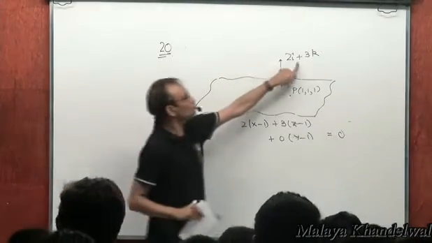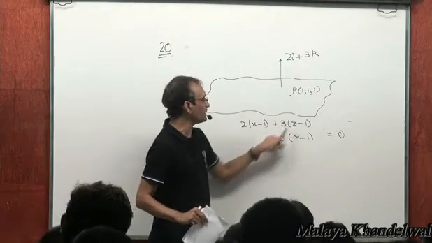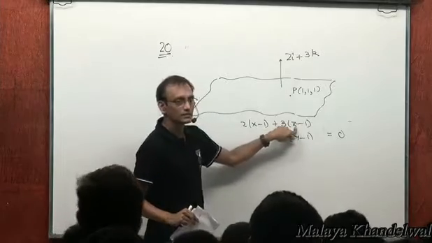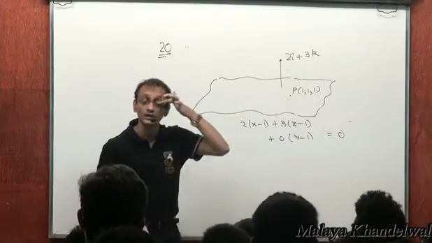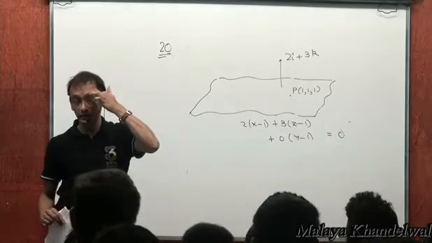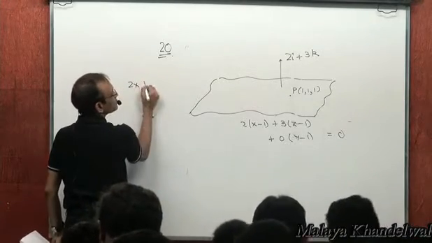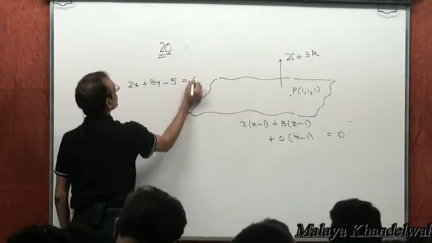Right? 2, 0 and 3. Ax, by, cz. And passing through 1, 1, 1, so I introduce a factor x minus 1, y minus 1, z minus 1. So the equation of the plane is 2x plus 3z minus 5 equal to 0.